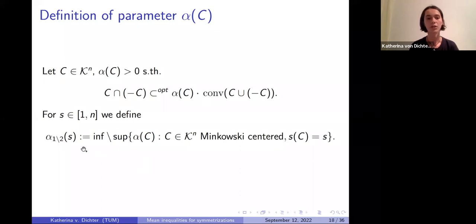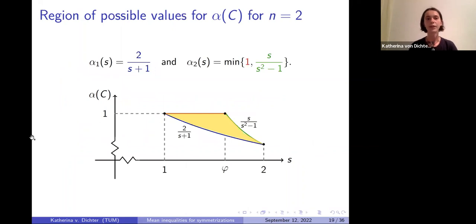And then we can also take this alpha 1 and alpha 2, the lower and upper bound for the parameter alpha. And here we have a nice diagram that shows all the possible values of the parameter for the planar case. So let's go through the diagram.